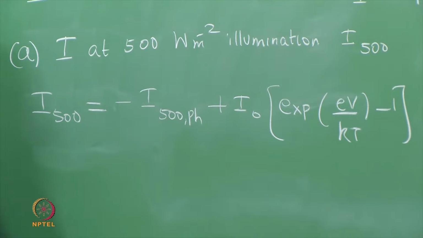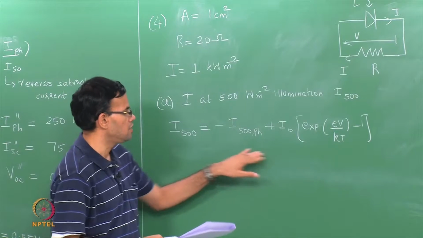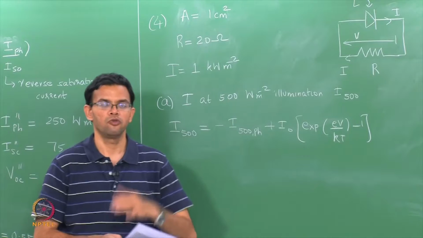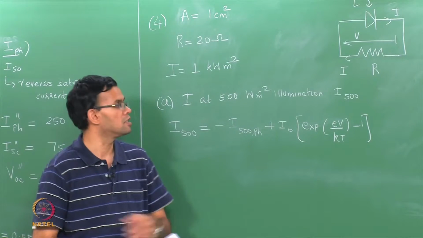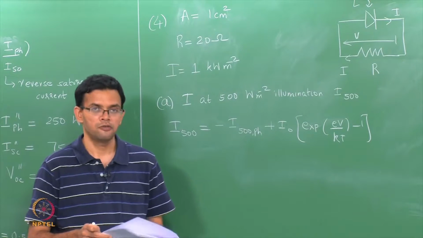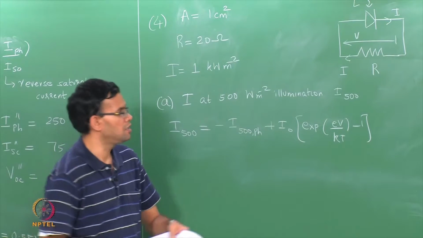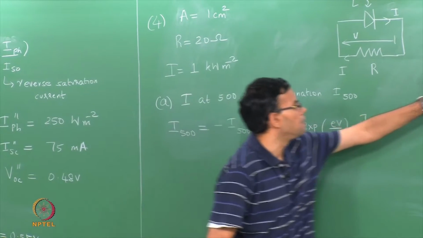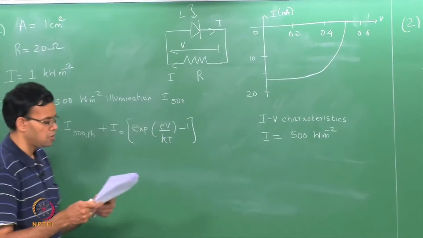So, this is a general expression that relates the current at a particular intensity to both the open circuit current, the short circuit current, and also the voltage when you have some external load R sitting on the system. So, from the graph we can essentially mark the values of these various points.